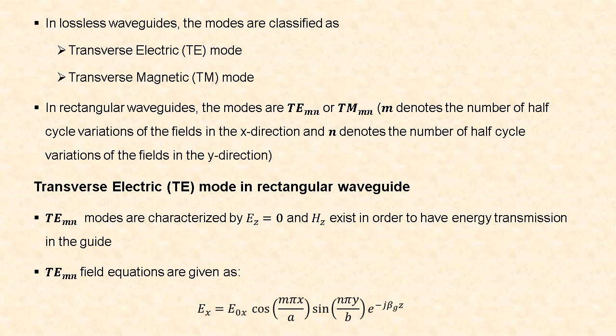in the guide. The field equations of transverse electric modes are Ex = E0x cos(mπx/a) sin(nπy/b) e^(-jβg z). Here βg is the propagation or phase constant.